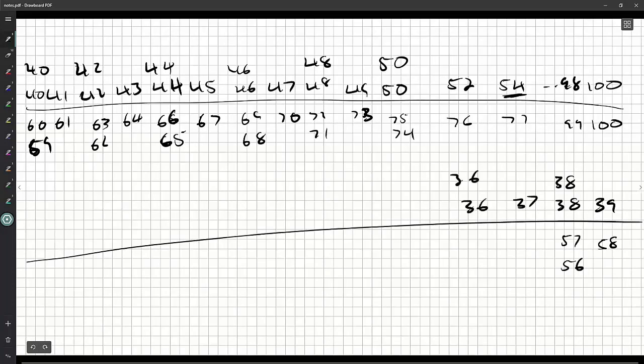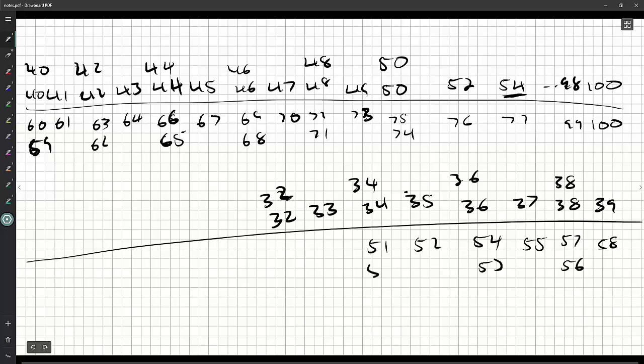I'm going to add in a few of these. 35, 34, 34, 33. Probably don't have to go any further than 32, 32. 55, 54, 53, 52, 51, 50. And so the innermost two, the 50th and 51st, happen to both be the same thing.